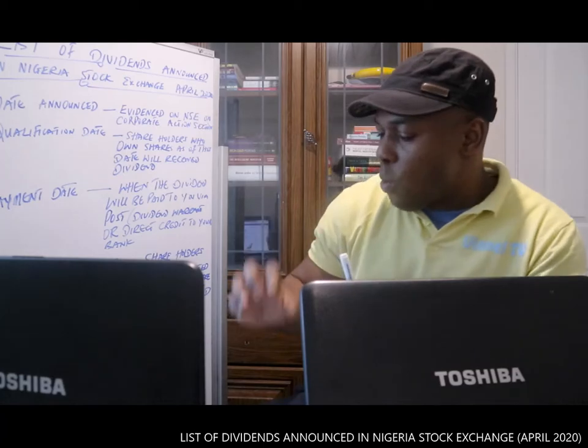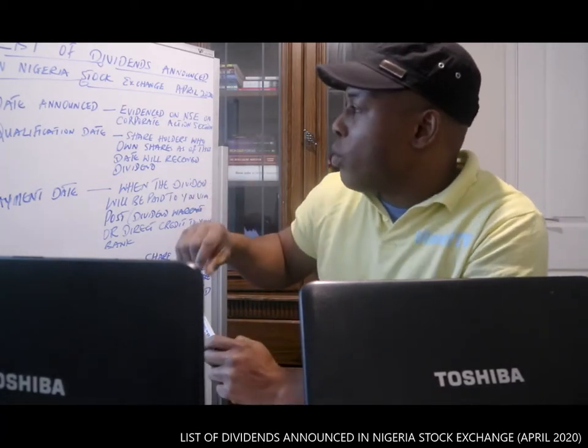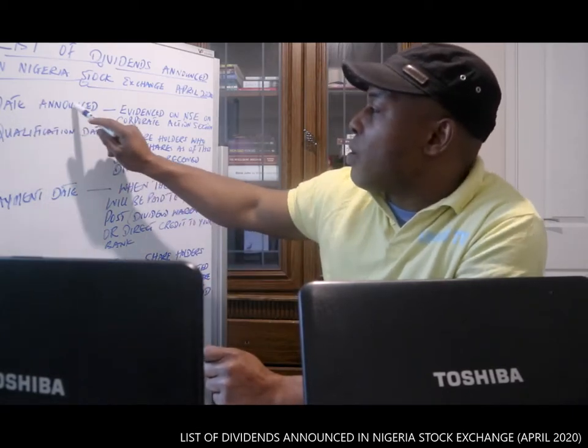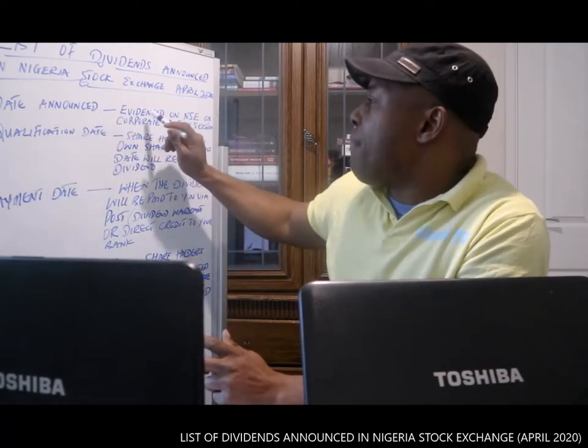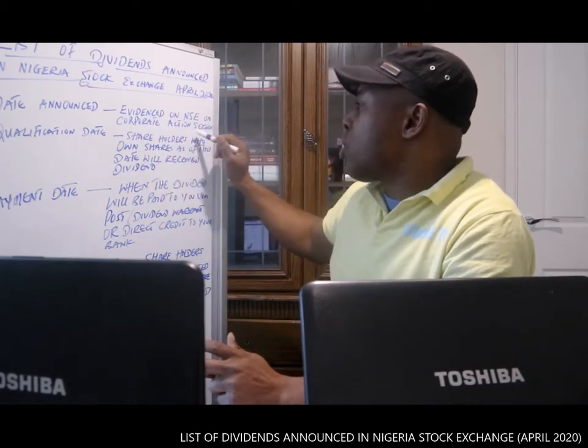So what I want to tell you is what you need to do and what you need to keep an eye on. You need to keep an eye on the date announced. You can find this evidence on the Nigerian Stock Exchange website in the corporate action section.